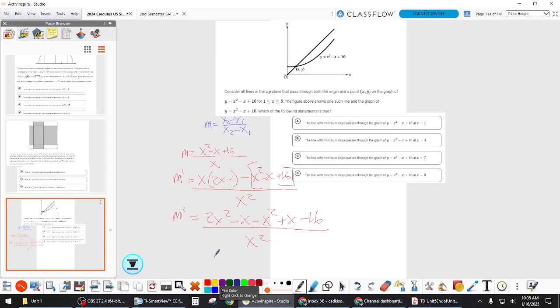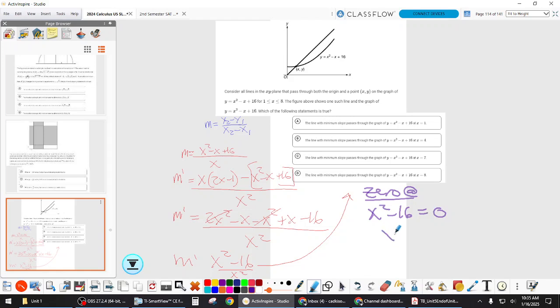We have an x squared now. 2x squared minus x squared. X's cancel, and then minus 16. Okay, what do we do with that? So really, it's going to be just the numerator. So x equals positive or negative 4.